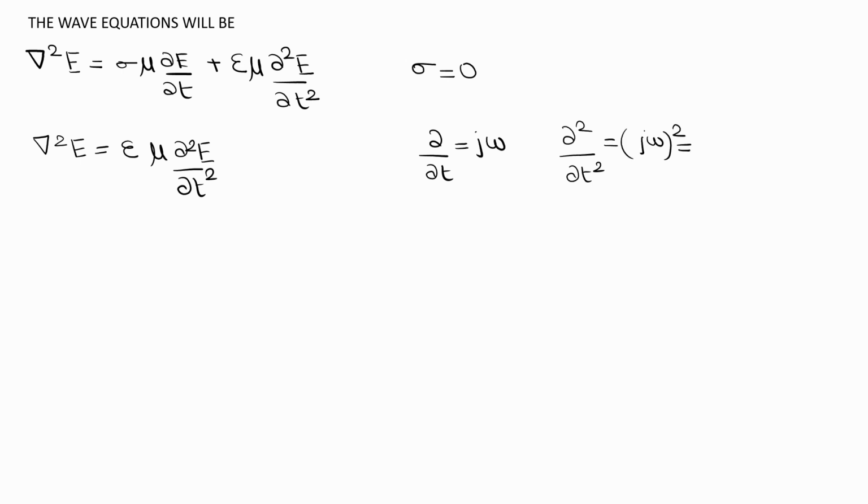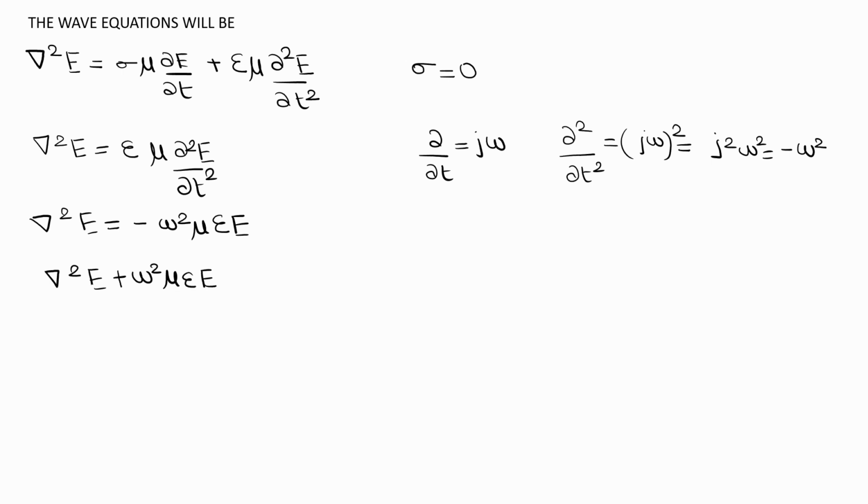We know j square equal to minus 1, which is equal to j square into omega square, that is equal to minus omega square. Now the equation becomes del square E equal to minus omega square mu epsilon into E, and we can take it to the left side. The equation becomes del square E plus omega square mu epsilon E equal to 0.